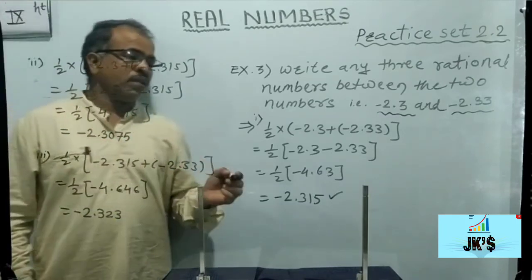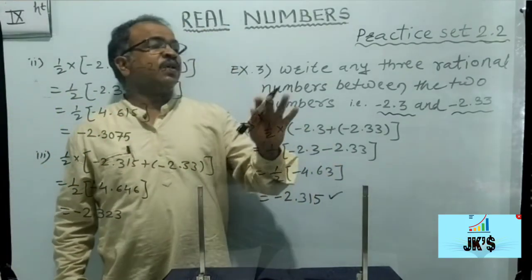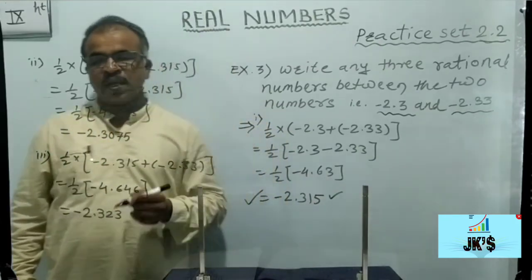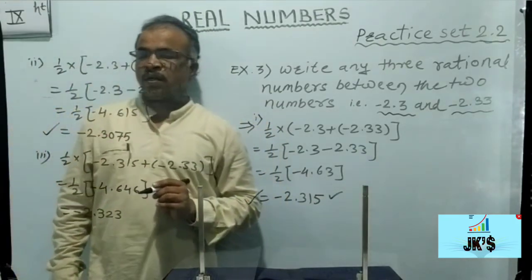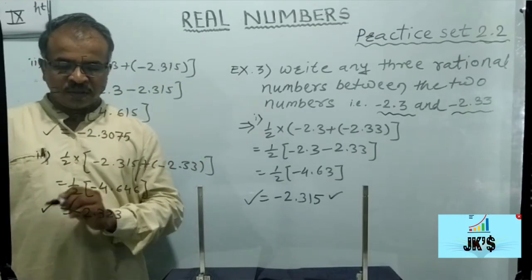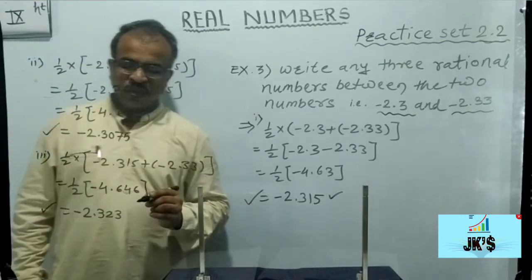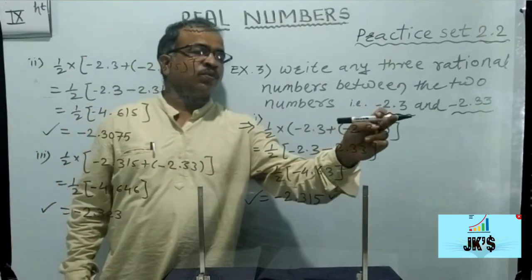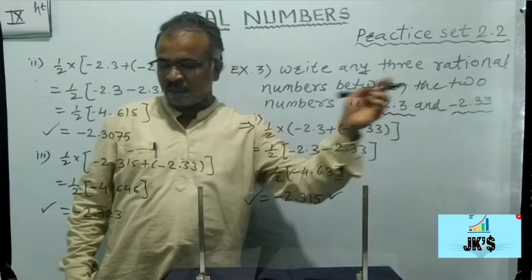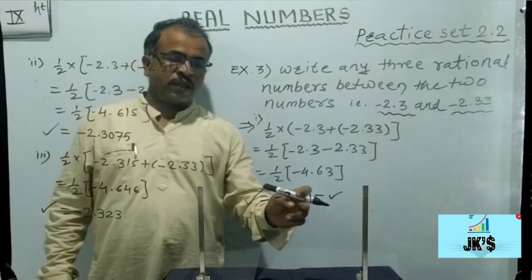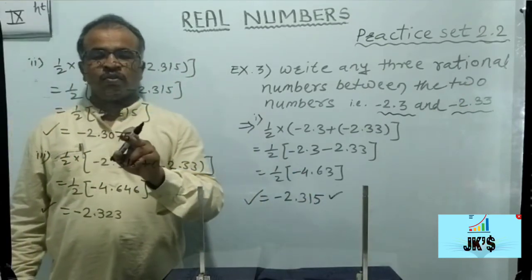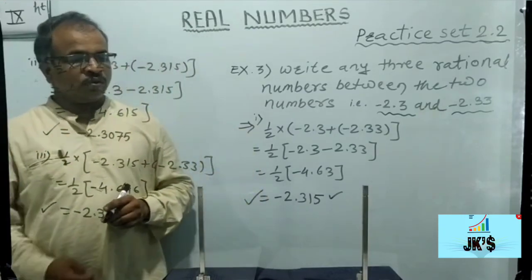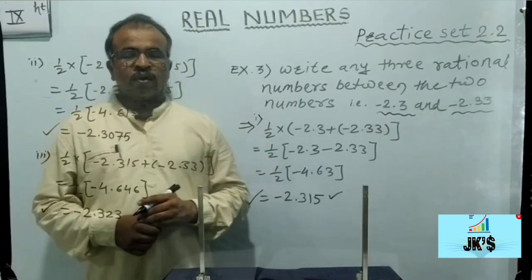There are 3 numbers between these two numbers: first minus 2.315, second minus 2.3075, and third minus 2.323. Therefore the 3 numbers between minus 2.3 and minus 2.33 are minus 2.315, minus 2.3075, minus 2.323. The practice set 2.2 is over here.